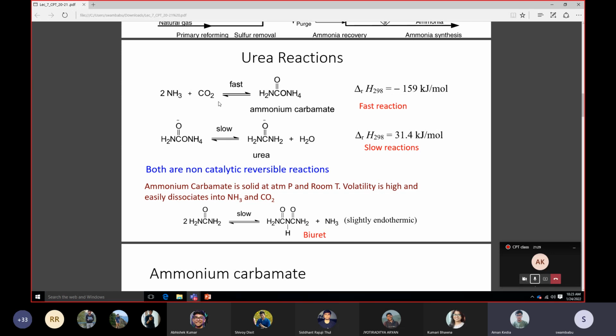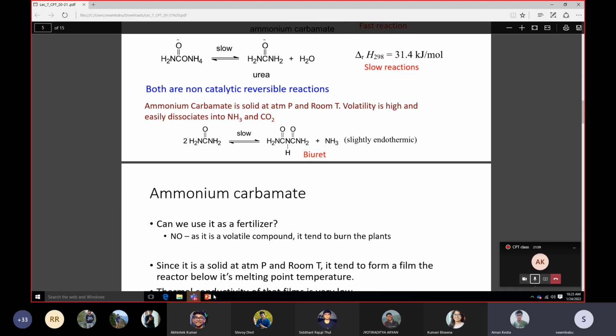But we don't want ammonia and CO2. We want nitrogen to get released; we don't want it to convert back into ammonia and CO2. If ammonia were useful, we could use ammonia itself as a fertilizer. But ammonia is not useful because it binds with hydrogen very strongly, and nitrogen will not be transferred to the plant so easily.